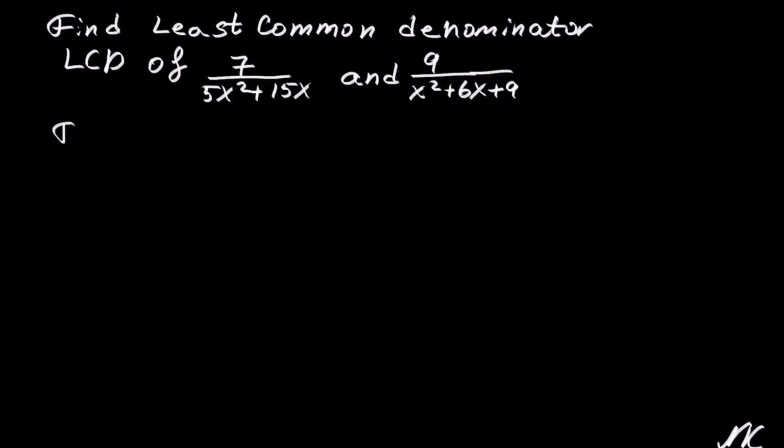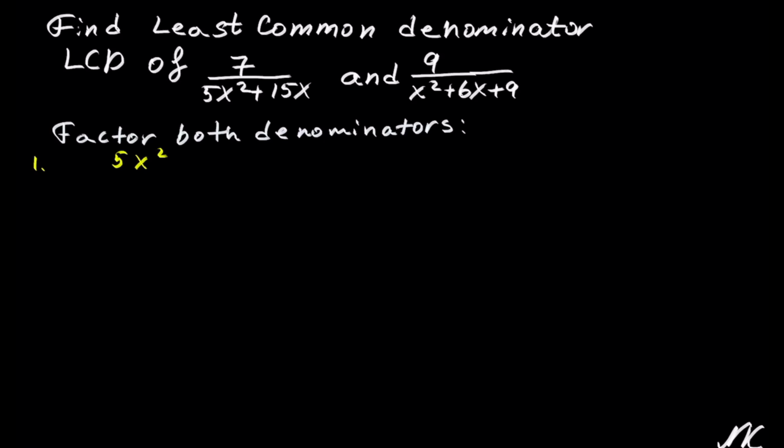So let's factor both denominators, and the first denominator is 5x to the second plus 15x. We only have two terms, but we can take out the greatest common factor. Both of these can be divided by 5, and both of these can be divided by x, and we get 5x times: 5x squared divided by 5x, 5 and 5 will cancel.